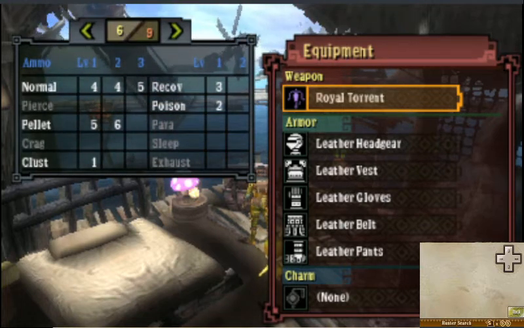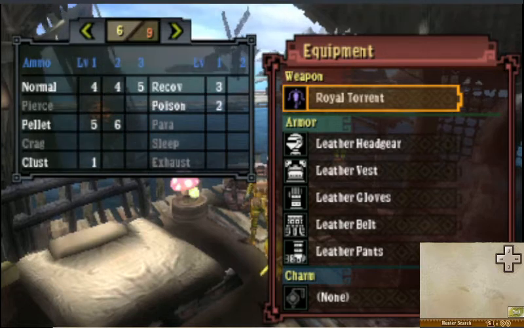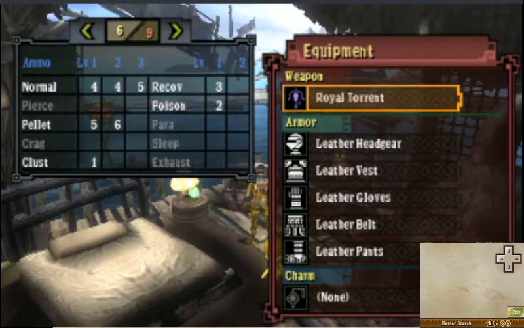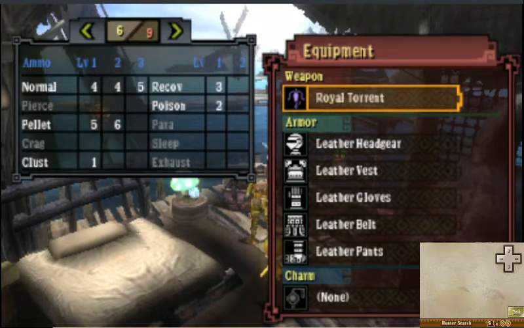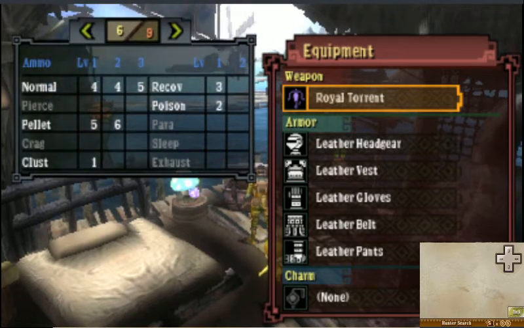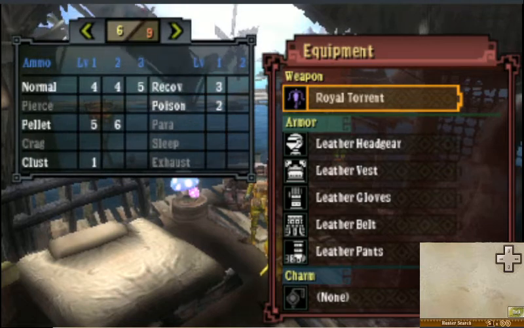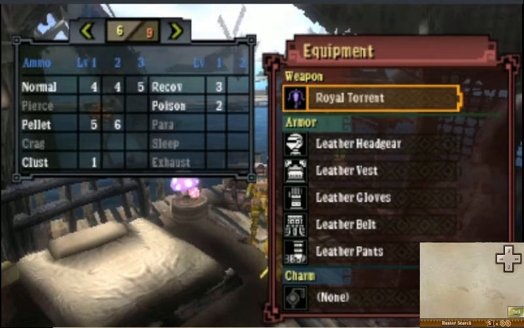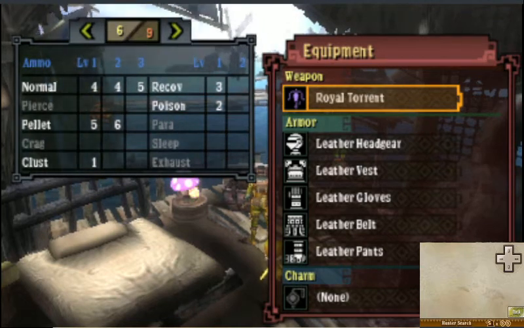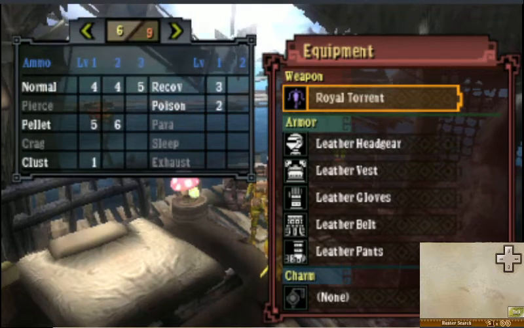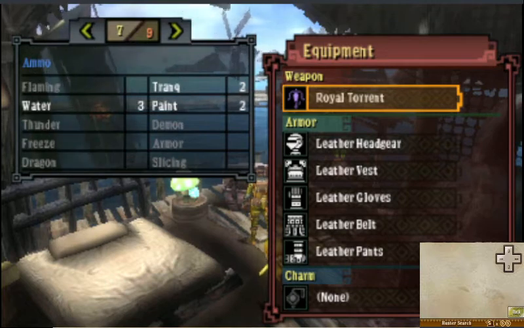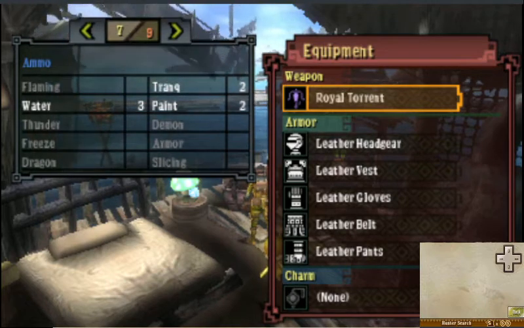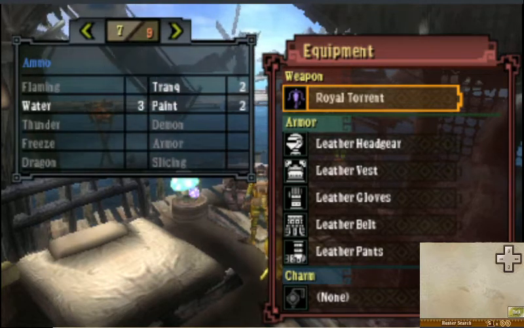Of course, the ammunitions that are blurred out in gray will not be usable by this bowgun. Page 6 will list the normal ammunition, meaning the regular types such as normal, pierce, pellet, crack, cluster, and so on. The next page, page 7, shows the special types of ammo.